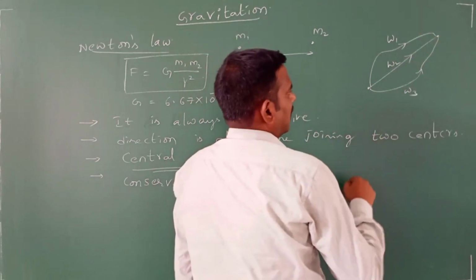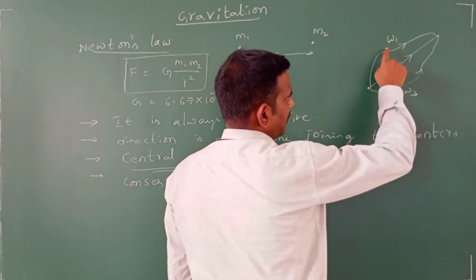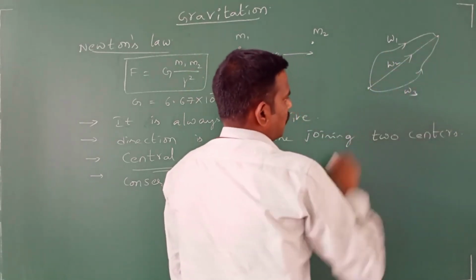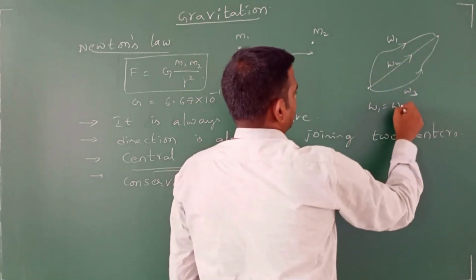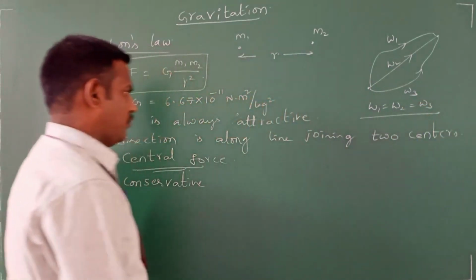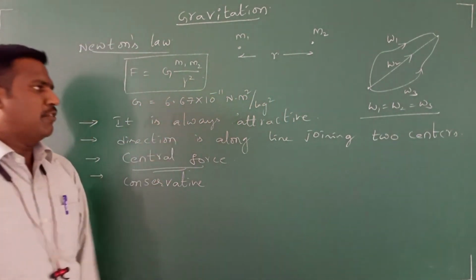The work done depends only on the initial and final points. Since the initial and final points are the same for these paths, we can write W1 = W2 = W3. This is the nature of a conservative force, and the gravitational force of attraction is a conservative force.